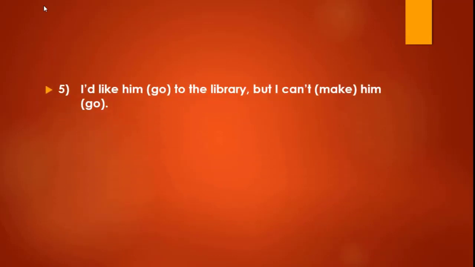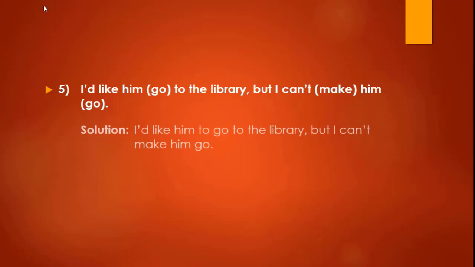Sentence number 5 is an interesting one. I would like him go to the library, but I can't make him go. In this sentence, like is a verb that needs full infinitive, whereas in the second clause, make is a verb that needs bare infinitive.